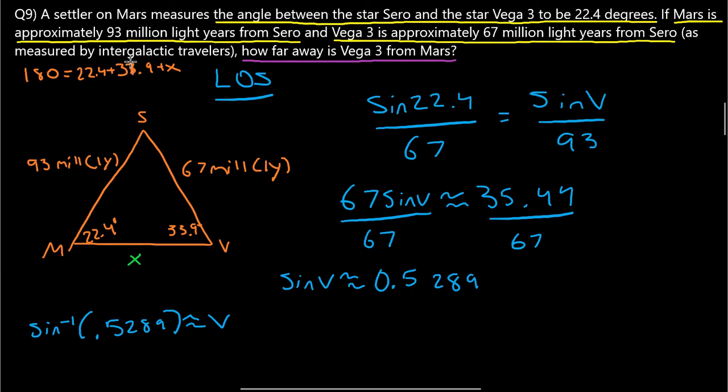It is 31.9. I apologize. So we do our 31.9 plus our 22.4. We get 54.3344. Then we do 180 minus that answer, and we get the measure of angle S is roughly equal to 125.7 degrees.